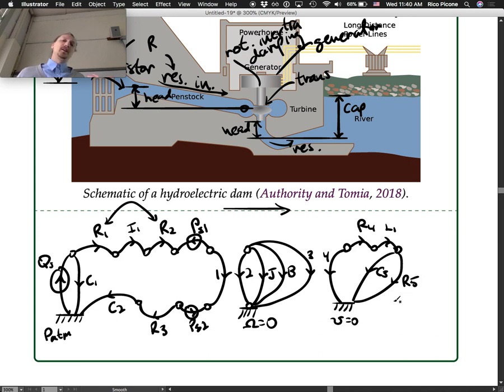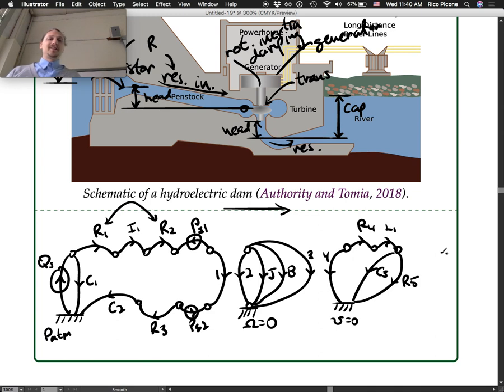So this could be you're actually running your lights or whatever. That could model the load you're drawing. You might want to model the whole electrical system and its demands as well, but we're not going through that detail at this point. So you can store it in C3 and you can deliver it to R5 if you use that as your delivery resistor.